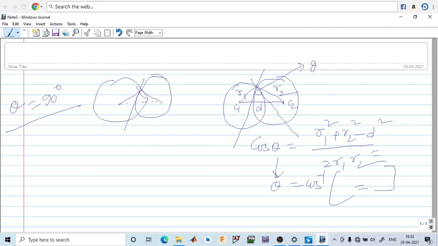If the two circles are orthogonal, then a condition is satisfied.